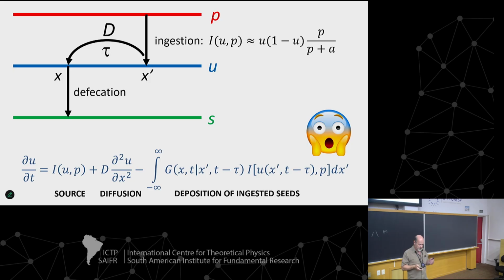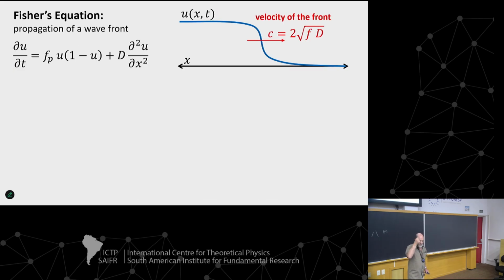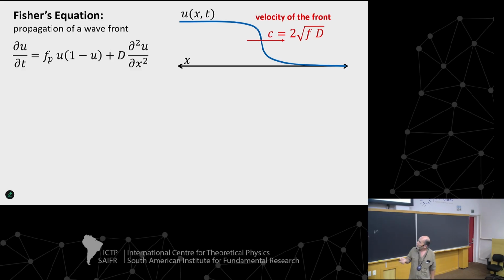What will happen to their solutions? Okay, in particular, before the inclusion of the non-local term, the equation was the well-known Fisher's equation. In particular, if the dependence of ingestion on the seeds on plants is just a parameter, this is just Fisher's equation.